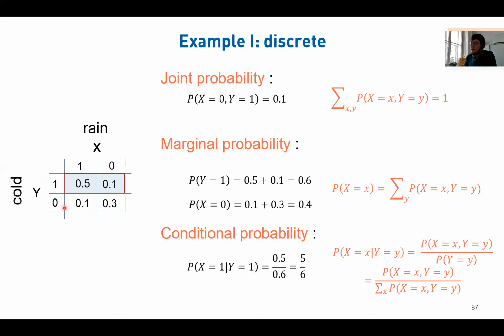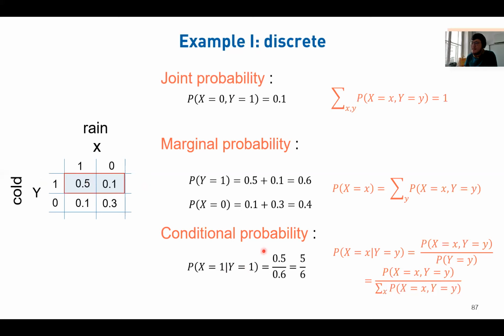And then thirdly, we calculate the conditional probability. Remember this expression with a vertical bar. It reads like the probability of event A given event B is fixed. So if we are interested in this conditional probability, we go to this condition first. We go to this highlighted part, and then we calculate when x is 1, what is the probability of that?